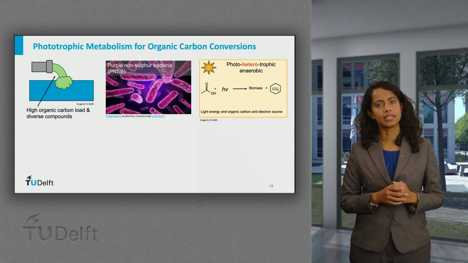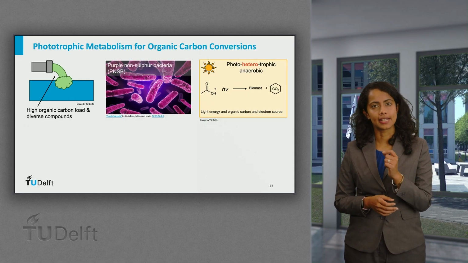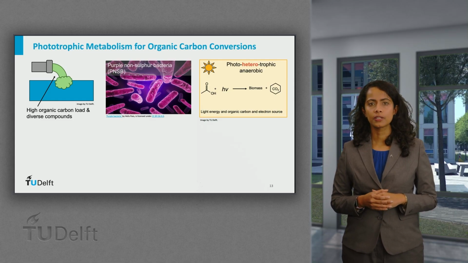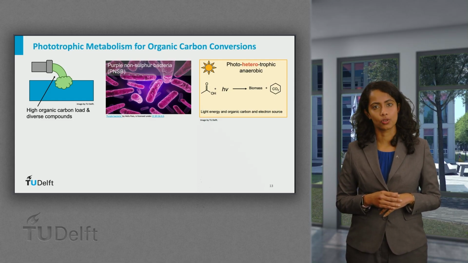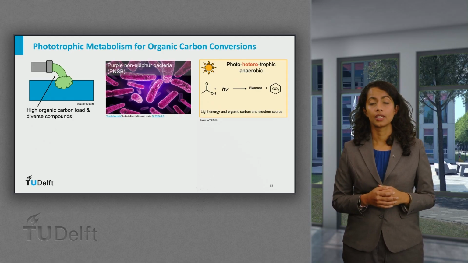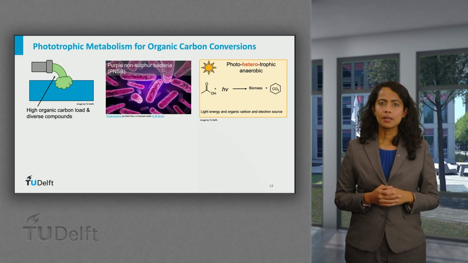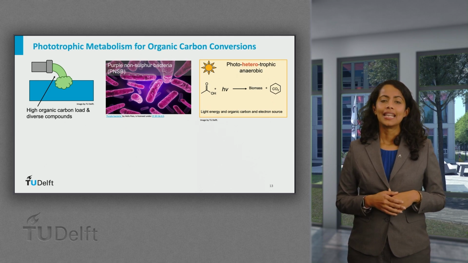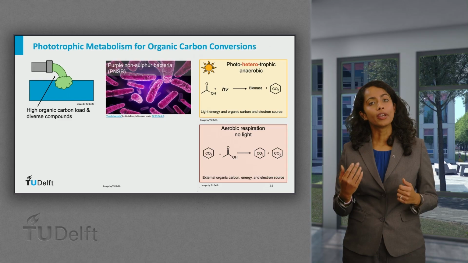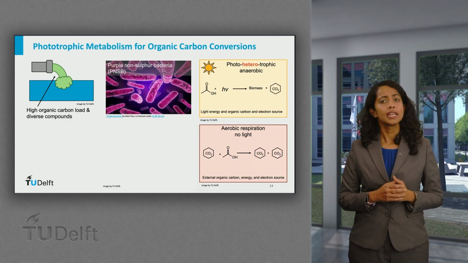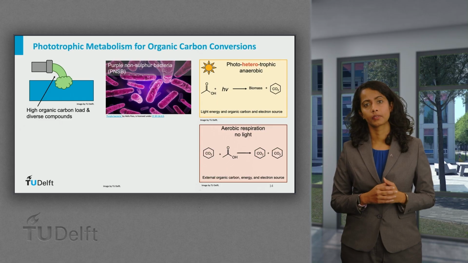Purple non-sulfur bacteria, or PNSB, can perform photoheterotrophic conversions using light as their energy source to convert organic matter into biomass. Naturally, some CO2 is produced during this process as well. They can also switch to aerobic respiration, completely oxidizing organic compounds into CO2 and water.